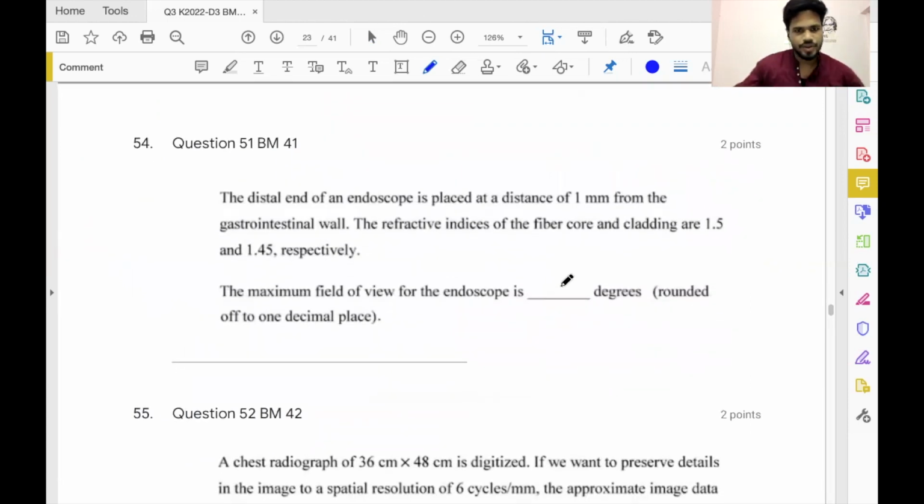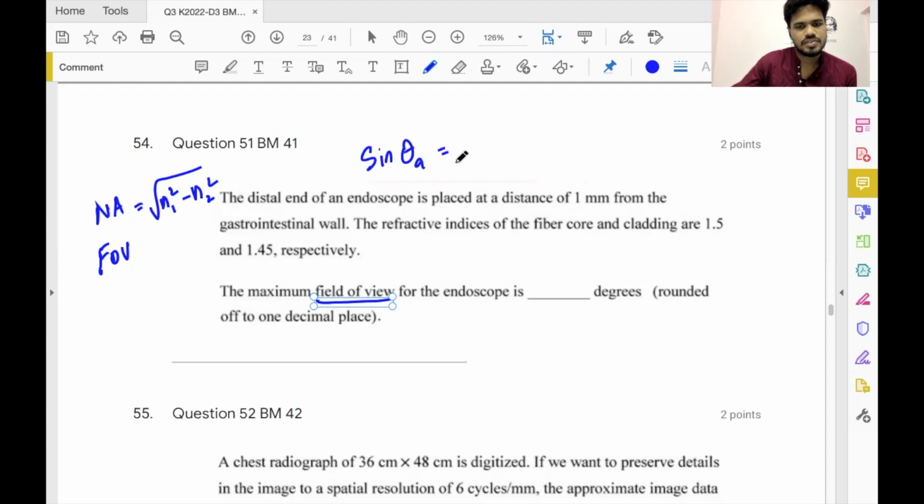This question, okay, quickly GATE 2020 question, but let's quickly solve that. Remember all those things: numerical aperture, field of view. Numerical aperture would be root of n1 square minus n2 square, right? So sine theta a is this, the critical angle that will be numerical aperture.